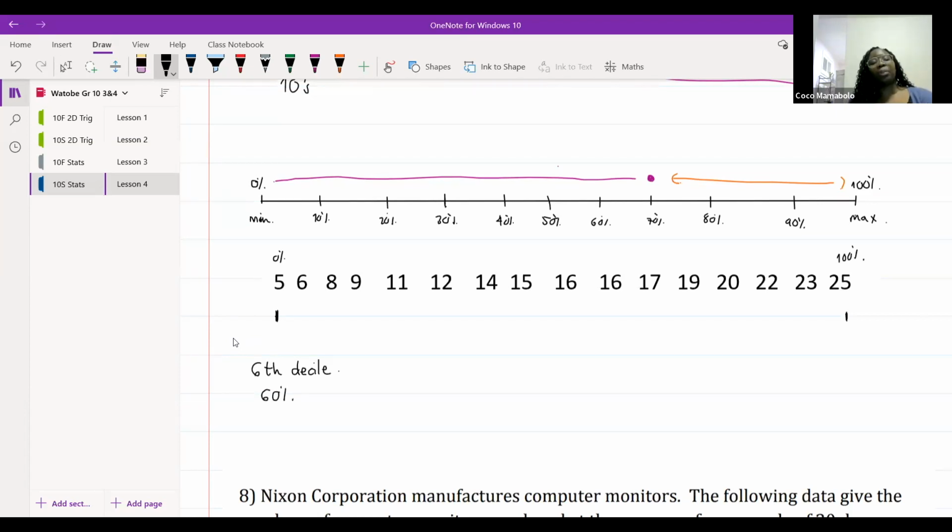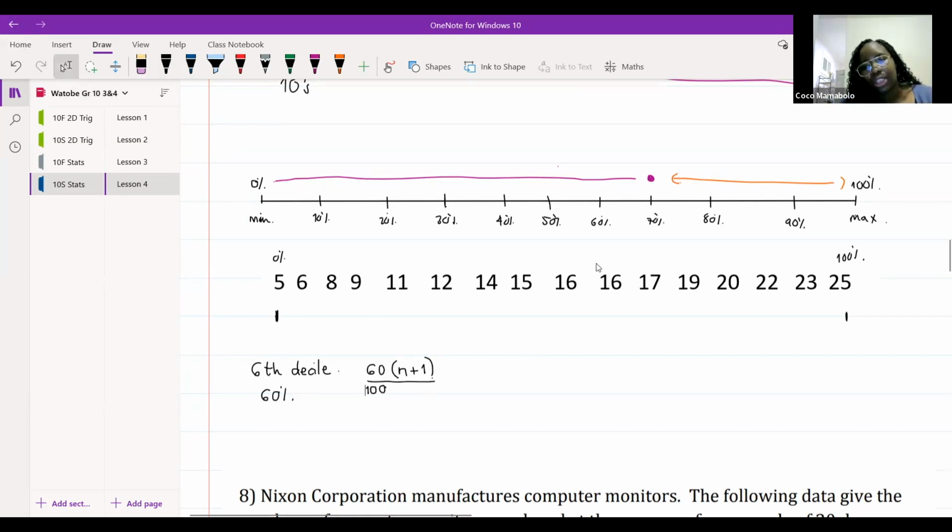So what we now have to do is take the 60th position out of 100, all multiplied by the number of values we have plus 1. The same way we would calculate for the quartiles and for the median or Q2, instead of dividing by 2 and by 4, because those are quartiles, we're going to use the percentage.